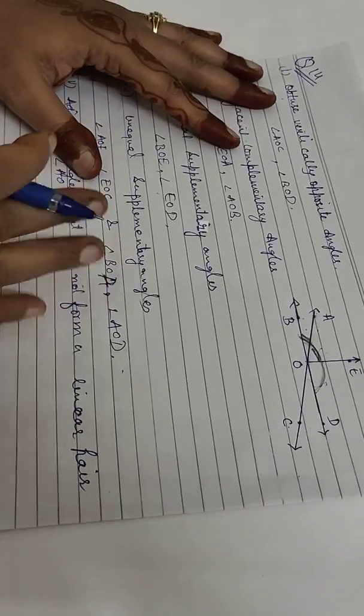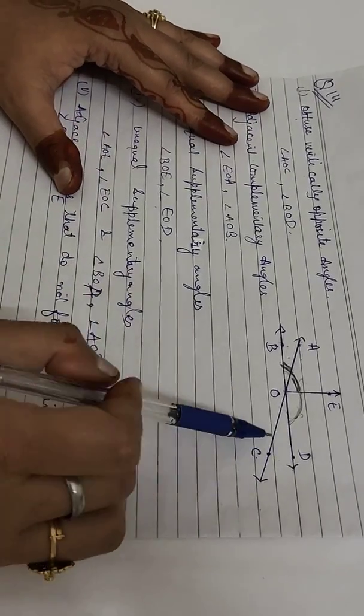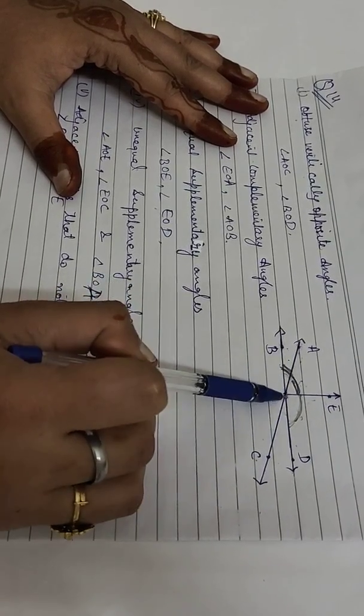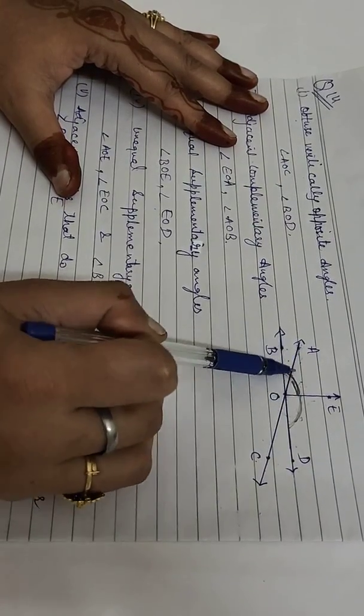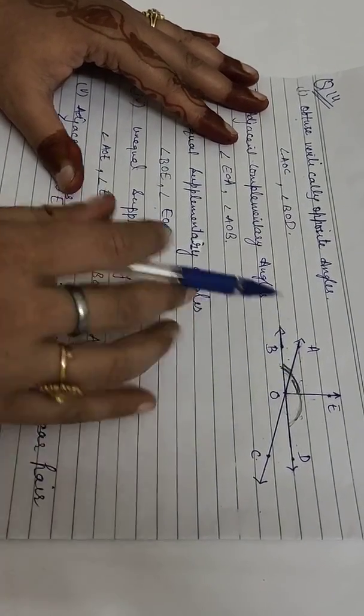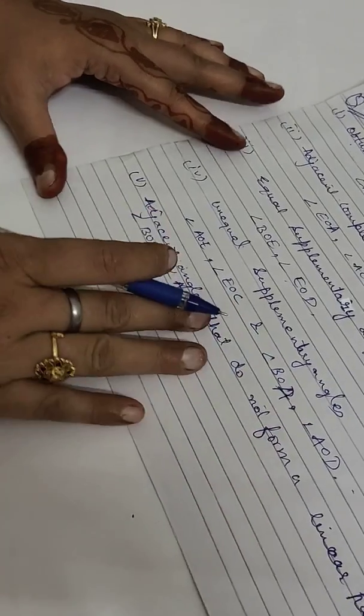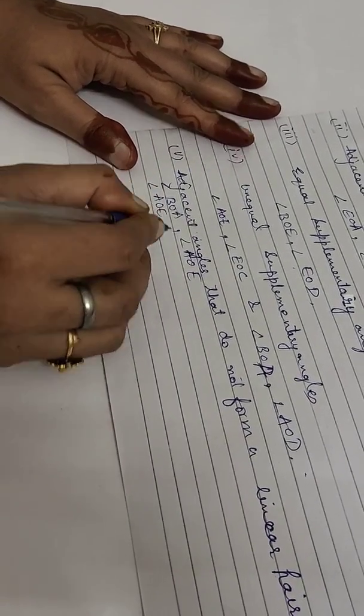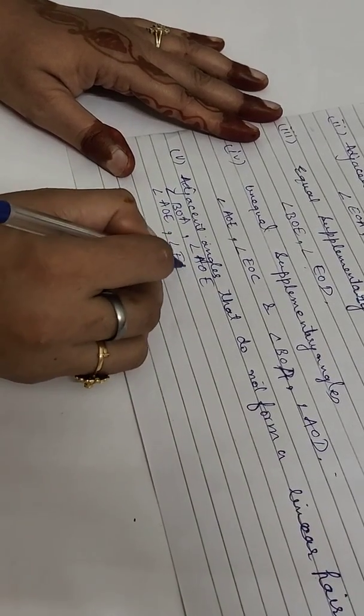Now let us write one or two more pairs. Next is AOE and EOD. They are also not forming a linear pair. Can you see, this is AOD? Is it a straight line? No, it is not a straight line. So we can write this pair also as angle AOE and angle EOD.